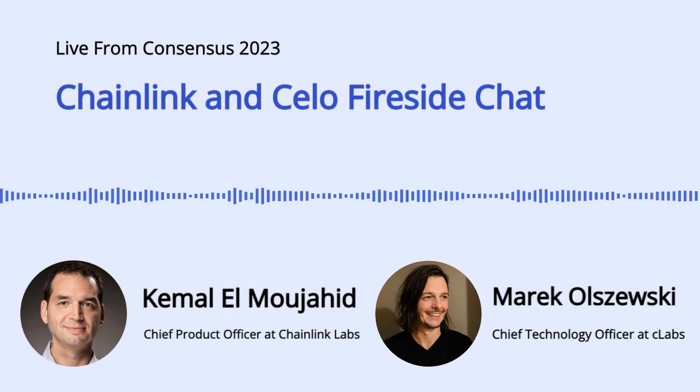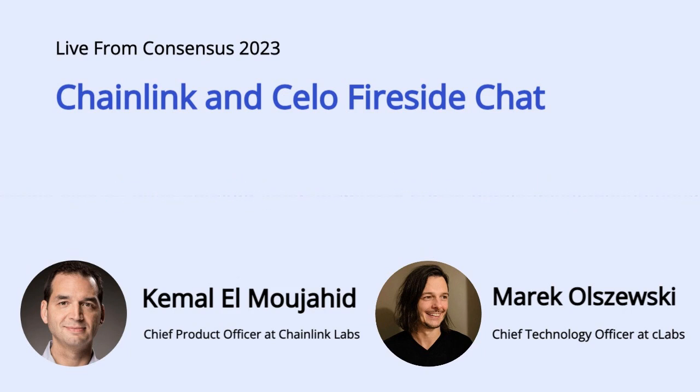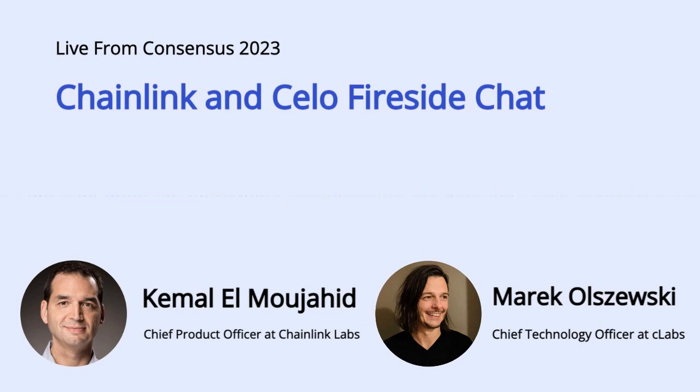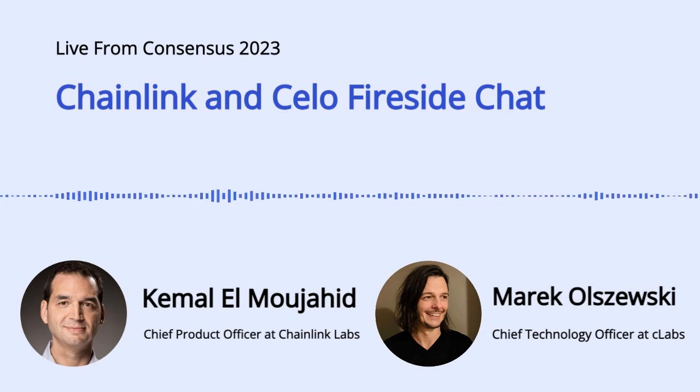But any of those really exciting use cases require one thing. They require connecting the on-chain logic to Web 2, be it for data or for compute, and that's the problem that Chainlink solves, right?